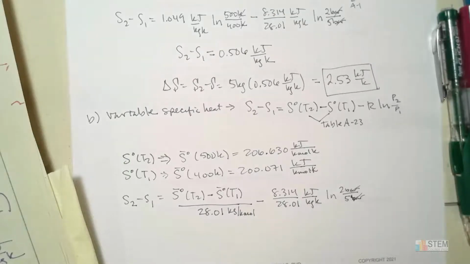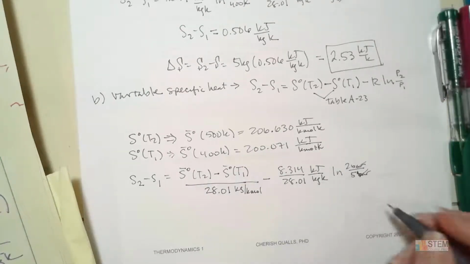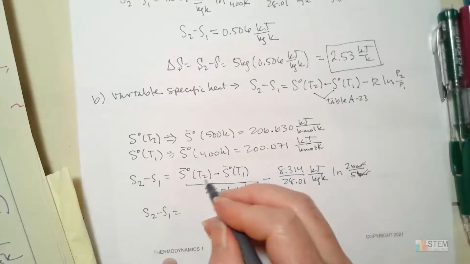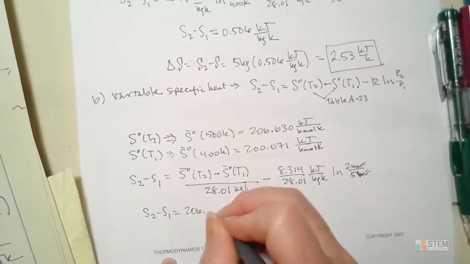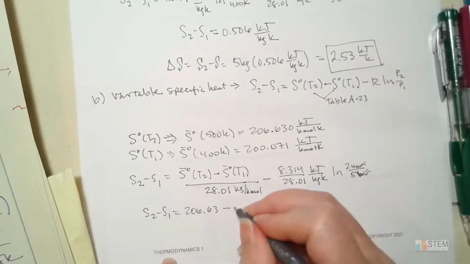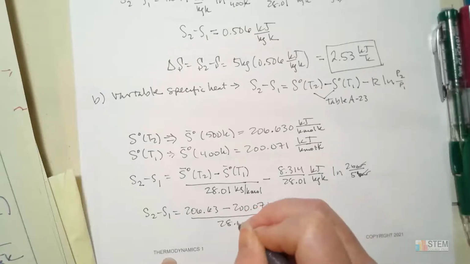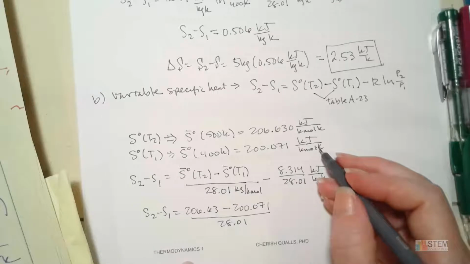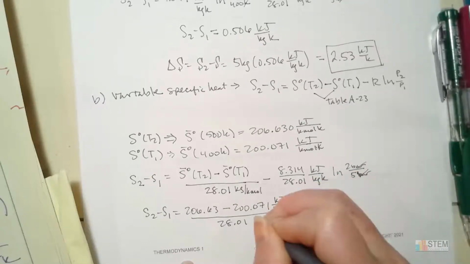All right, and then what we're left with is just basically plugging in these numbers here. So this first one at T2 was 206.63. Then we subtract 200.071. We're going to divide by 28.01. Now that's going to cancel out the kilomole, which is what we wanted to do.